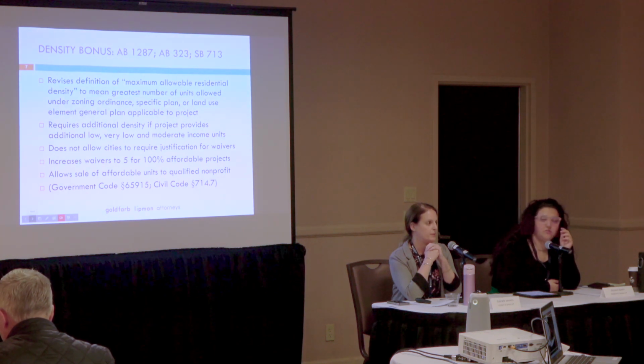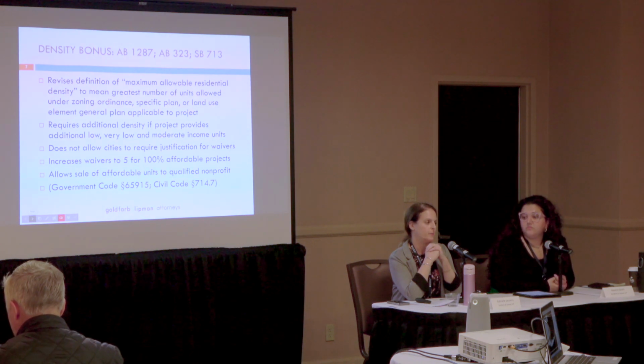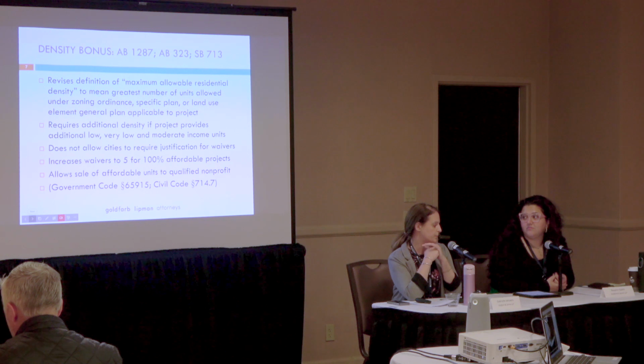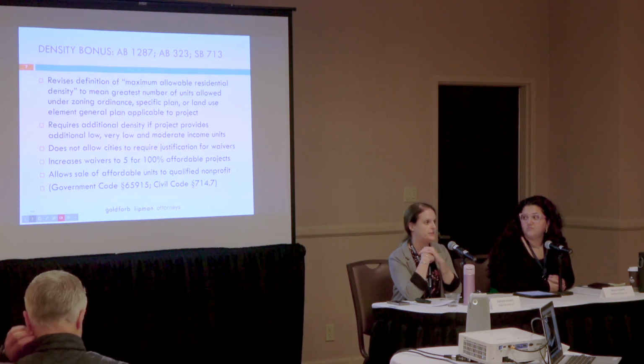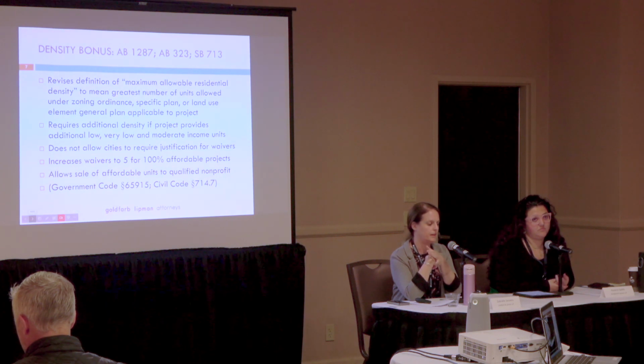So the developer would propose what they want, and then the city basically has to grant it. I think in the bill, previously a city could require some documentation explaining why it would be an economic burden to provide this, and I think that requirement is taken out of the law going forward.